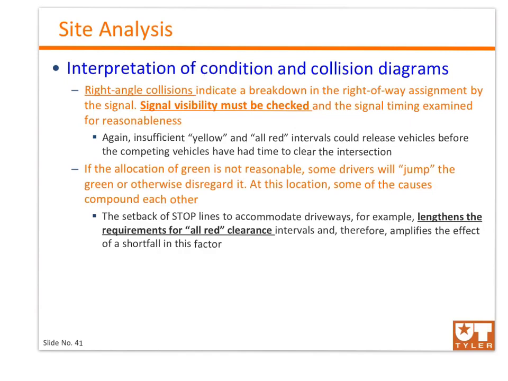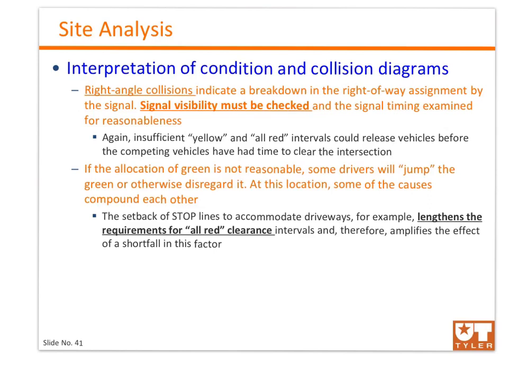Instead of making them too close to the intersection, we can move them away. We can work on the signal visibility, and we need to check that. We can take a look at the signal timing, and again, insufficient yellow and all red intervals could release vehicles before the competing vehicles have had the time to clear the intersection. So that's also a possibility.